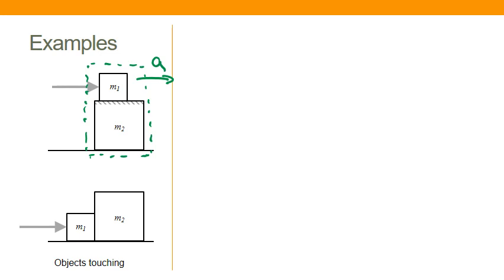And if that's the case, then we might define both boxes together, and we can see then that we've got this pushing force, and we've got a normal force from the ground, and we've got the force of gravity, which is going to be the sum of the two masses times gravity. Maybe that's when we see they're both accelerating together.